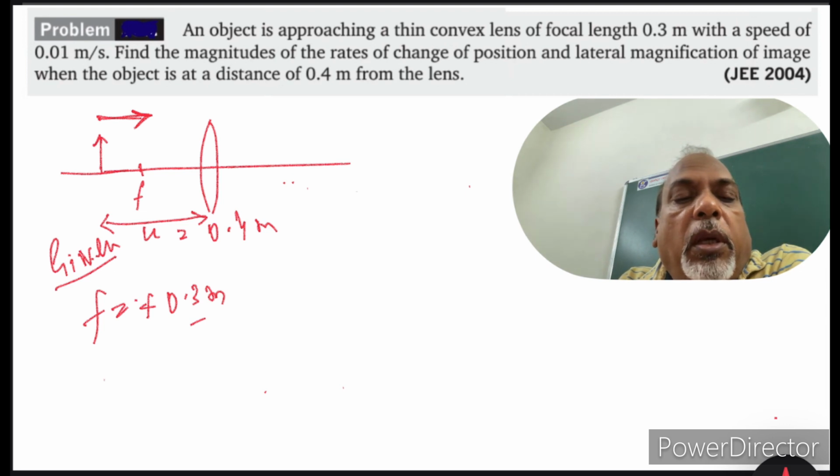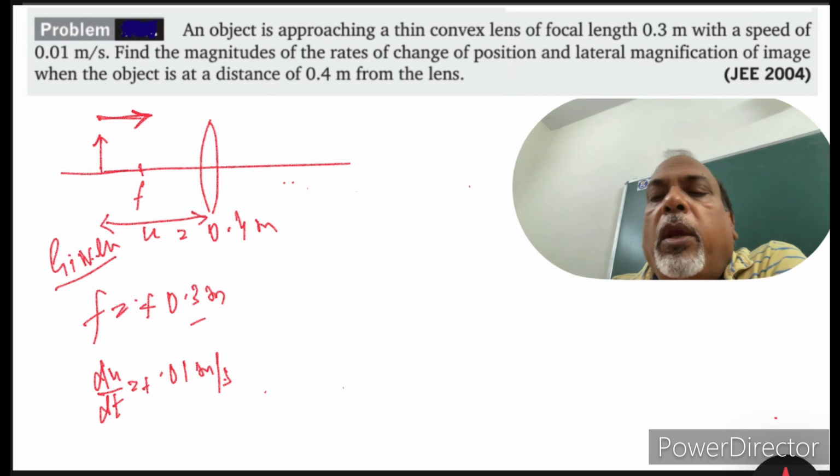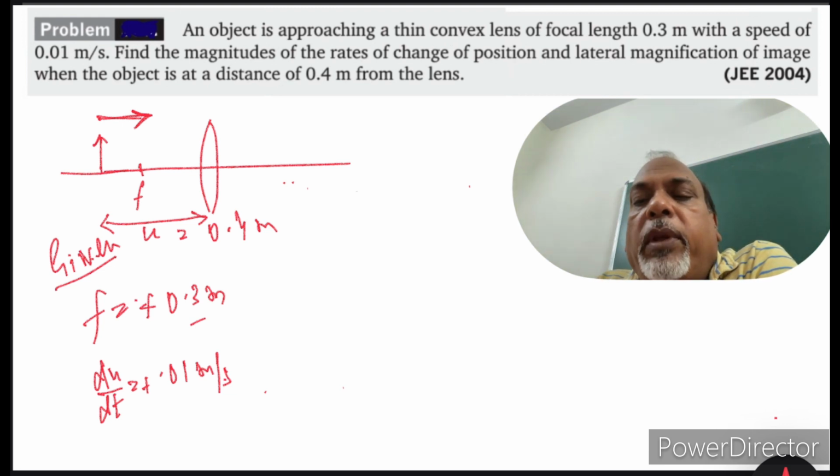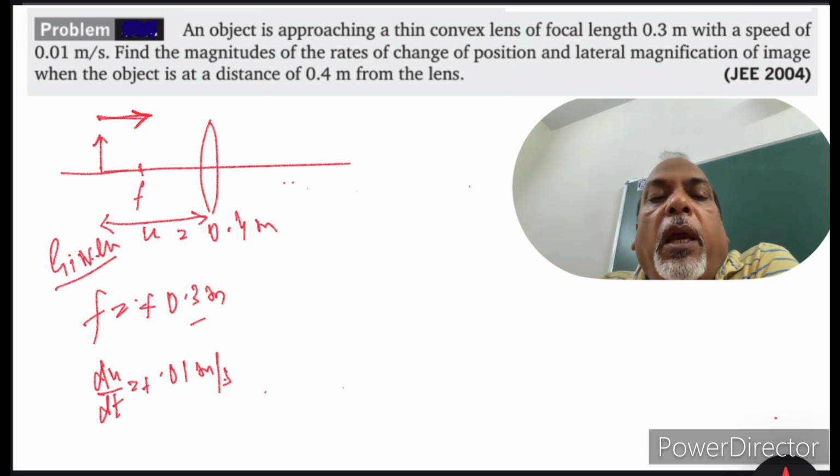That means du by dt is also given, that is 0.01 meter per second, and it is also positive because it is going in the direction of the rays.